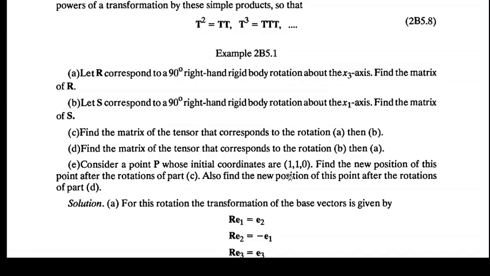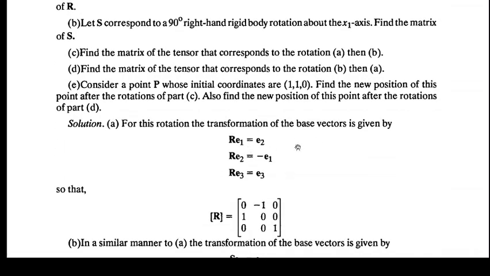That is, RE1 equals cosine theta E1 plus sine theta E2, RE2 equals minus sine theta E1 plus cosine theta E2, and RE3 equals E3.